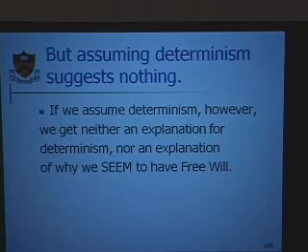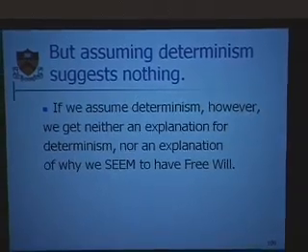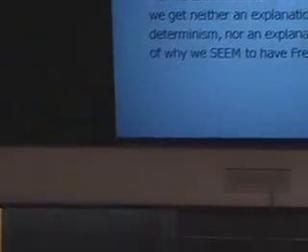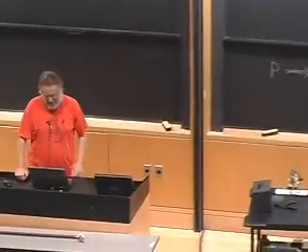And we don't get an explanation for determinism out of the assumption of determinism, nor do we get an explanation why we seem to have free will. It's just inconsequential. It has no consequences. I'd like to be proved wrong, by the way. If any of you violently disagree with me, please say so later.